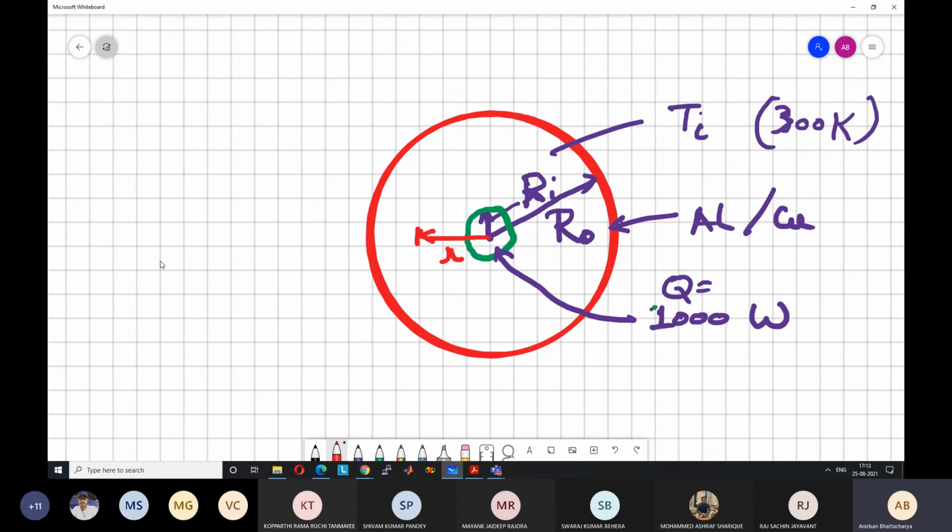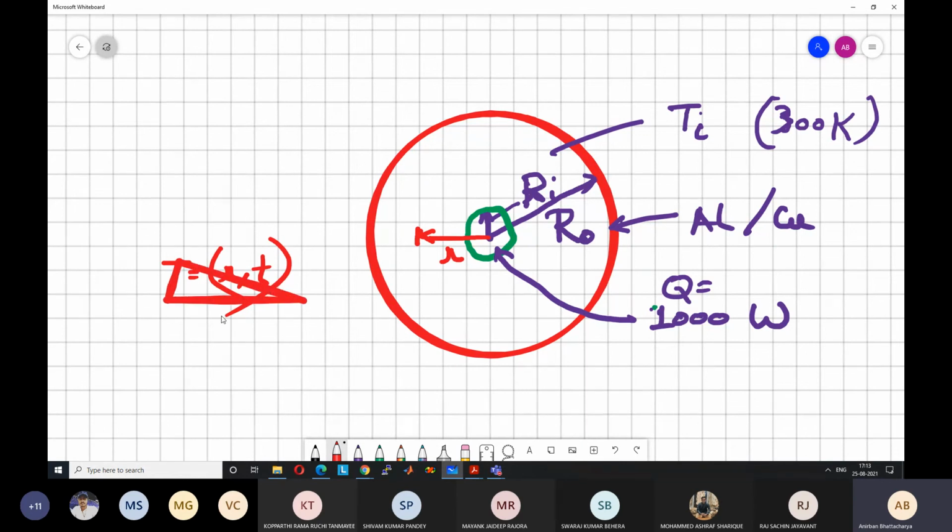So temperature is a function of R and time t. For any location at any time, we want to find the temperature variation. So this is the problem initially.